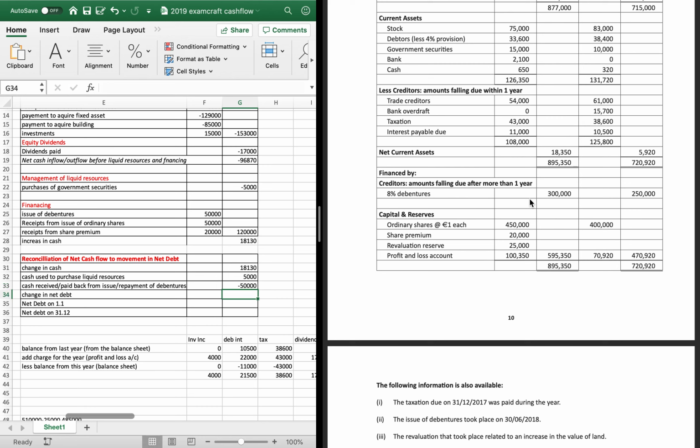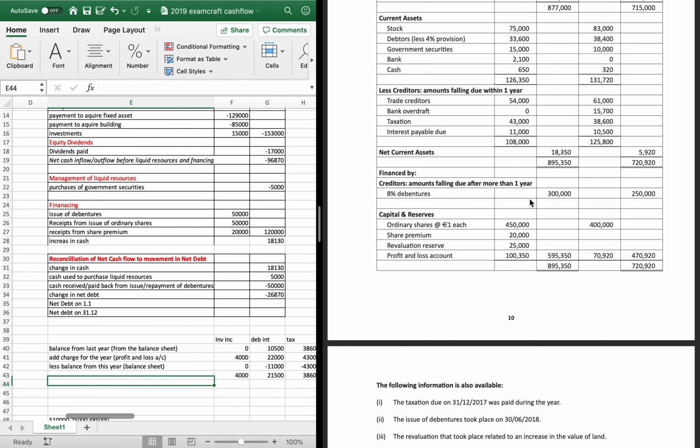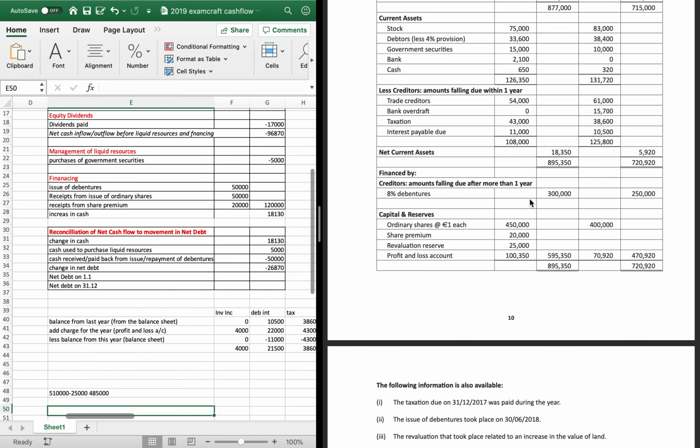So debentures and bank overdrafts are negatives in terms of net debt. Government securities, cash and bank are positives. We only really have to remember that debentures are negative and government securities are positive. The net debt then. So we'll just do a little working on this.